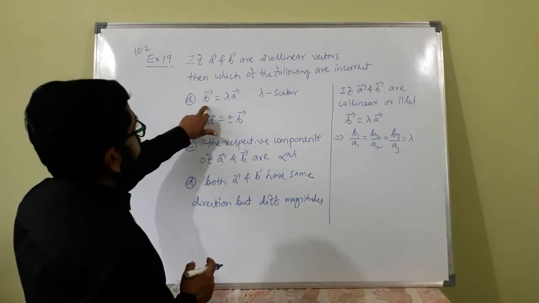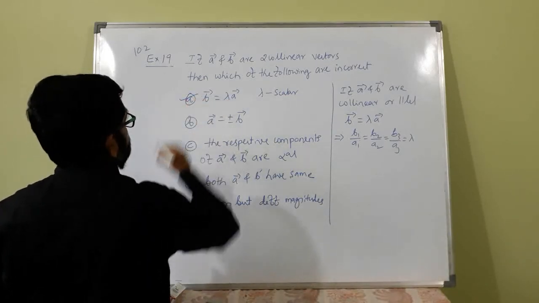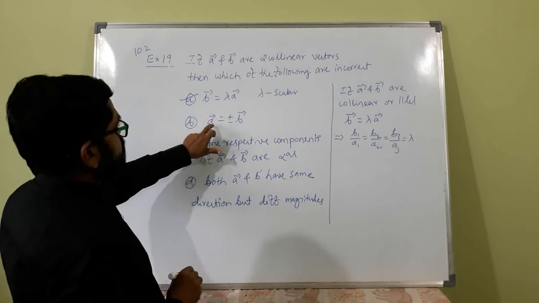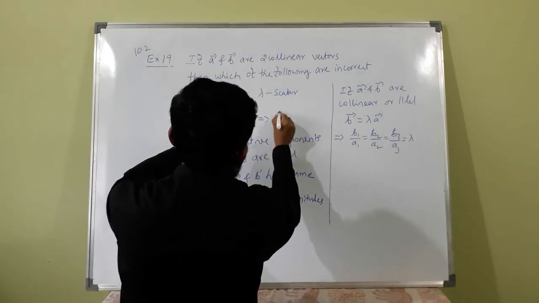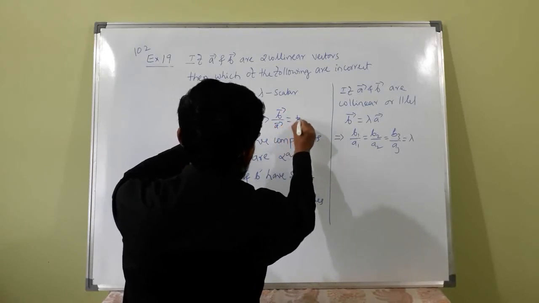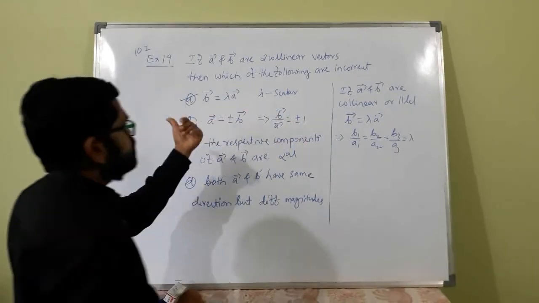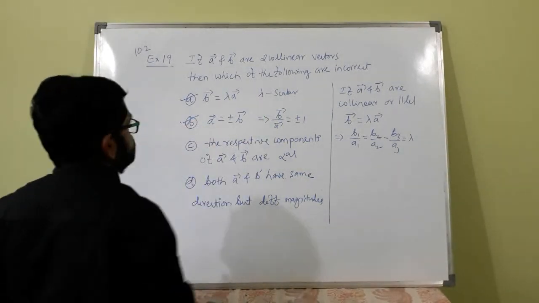Okay, first one is correct, as B by A is equal to lambda. This is the direct definition. Plus or minus B means B by A is equal to plus or minus 1. This is again a constant, that is a scalar lambda. That is also correct.